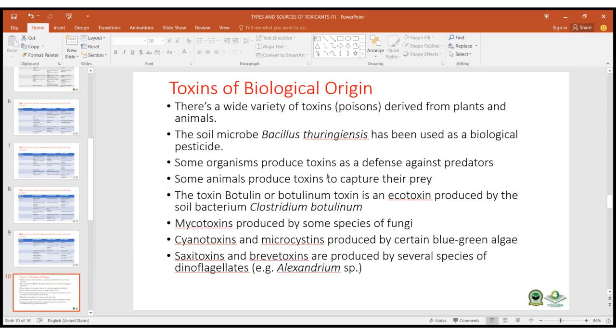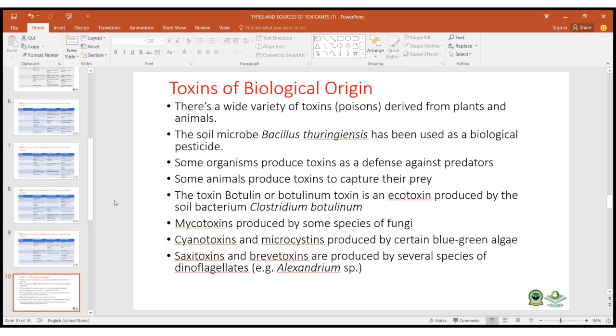That means if you release this microorganism, you can use it as pesticide because they kill pests. So it's a microbial pesticide or biological pesticide.